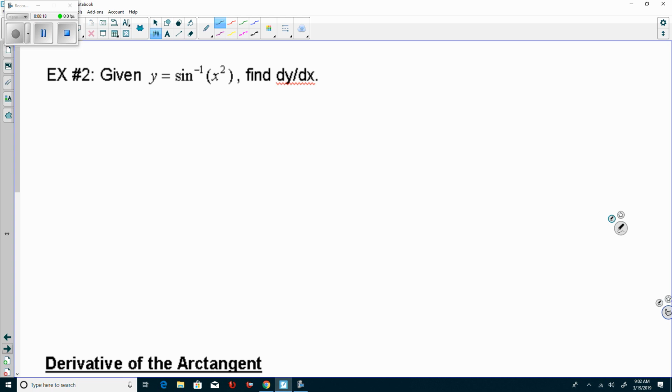Here is y equals sine inverse of x squared. Find the derivative. Okay, so you're taking the derivative of y, which is dy dx. Now you're taking the derivative of sine inverse x squared.